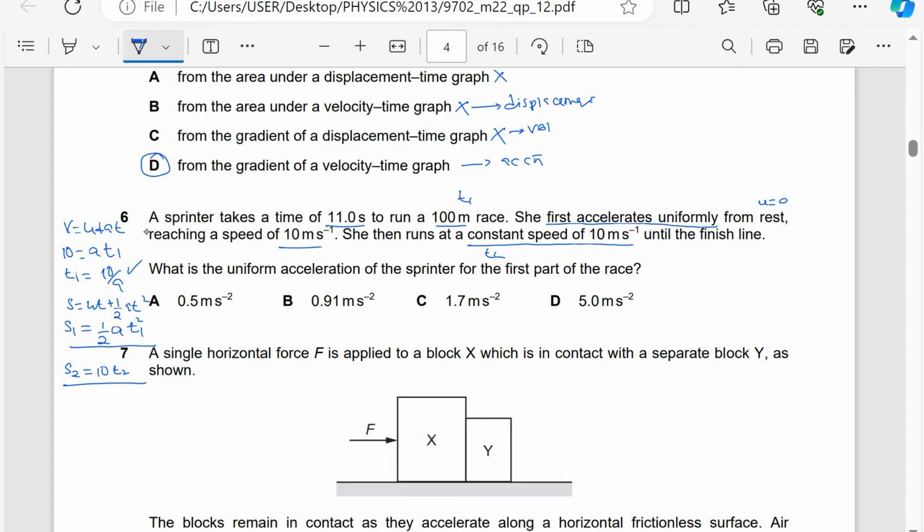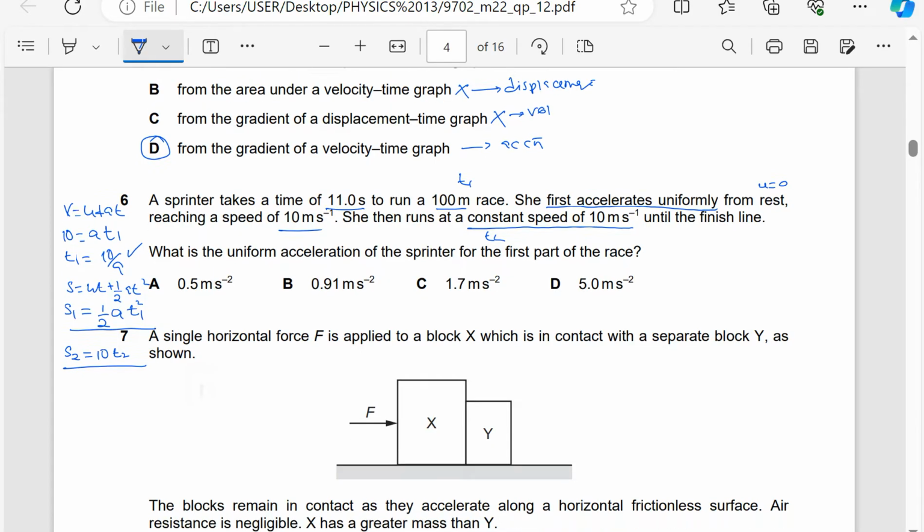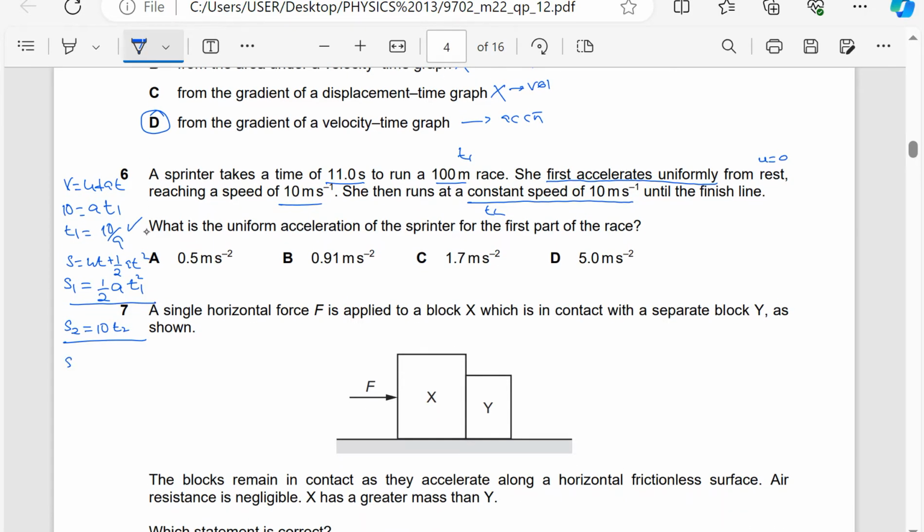So this is the distance she covers while accelerating, and this is the distance she covers at a constant speed. If I want to find the total distance, because the race is 100 meters, the total distance is the sum of those two: s1 plus s2, which is a half a t1 squared plus 10 t2.